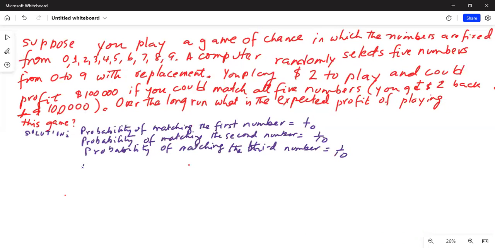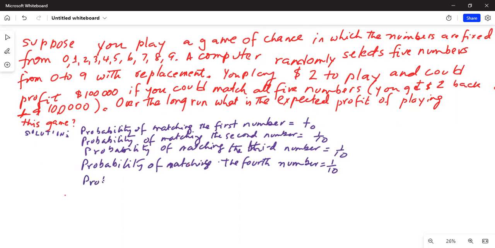And similarly, probability of matching the fourth number is equal to 1 over 10, and probability of matching the fifth number is also 1 over 10, because every time we are replacing the number we picked back in the pile, and then the computer picks another number.